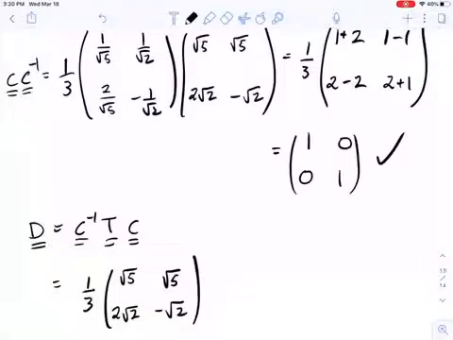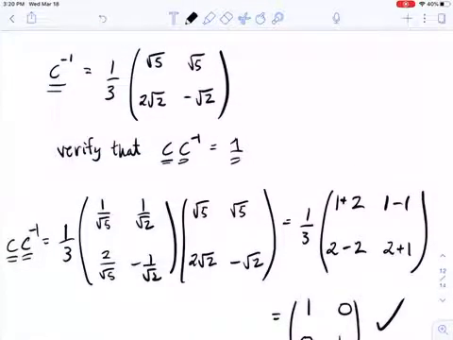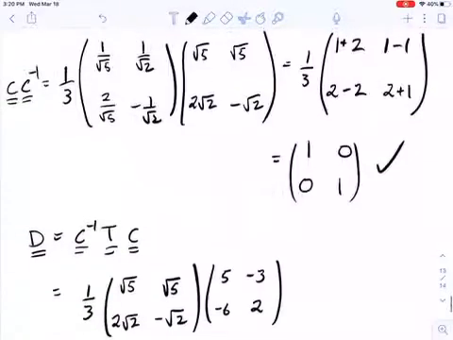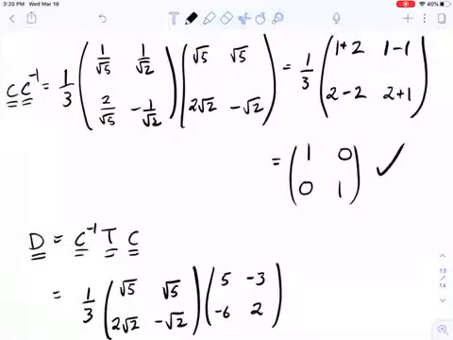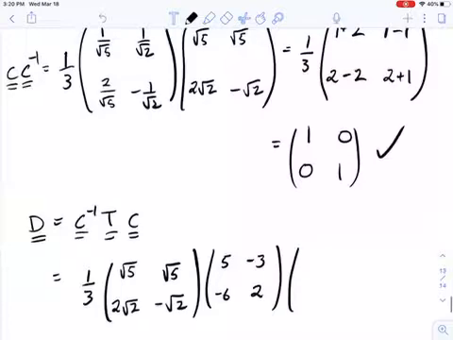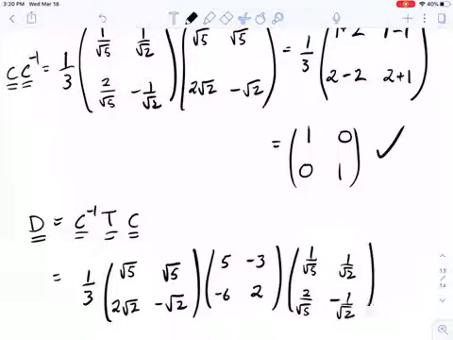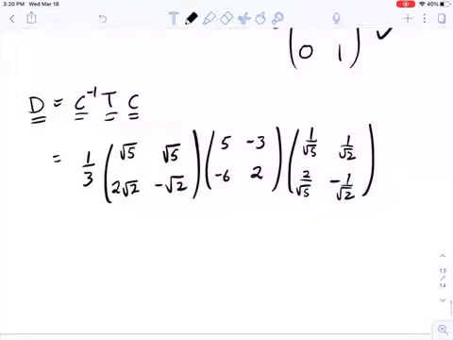And then T was 5, minus 3, minus 6, 2. And then C was 1 over root 5, 1 over root 2, 2 over root 5, minus 1 over root 2. Okay, so let's hold our breath and let's do this.